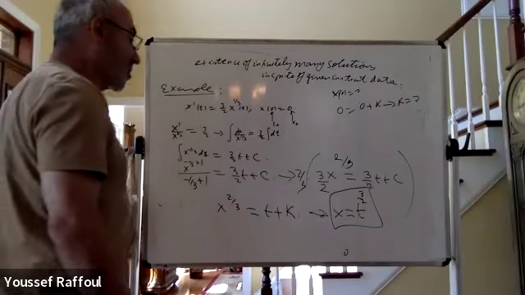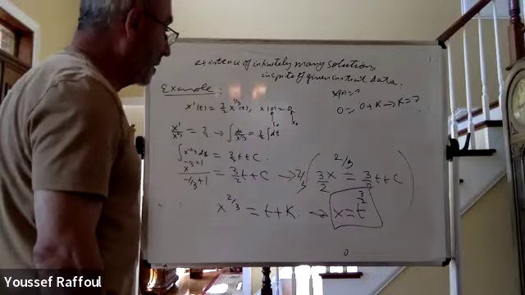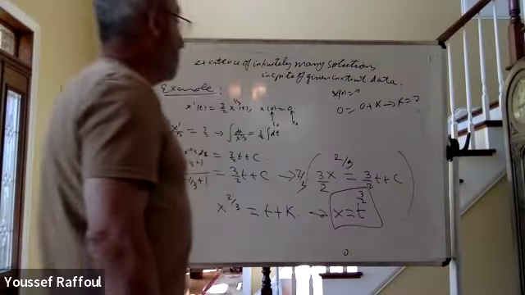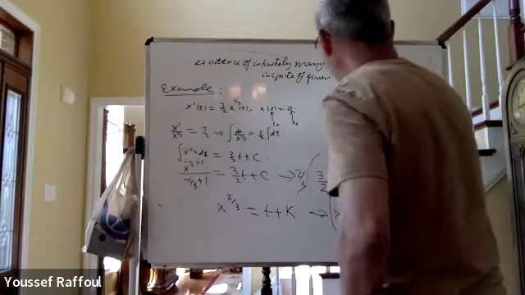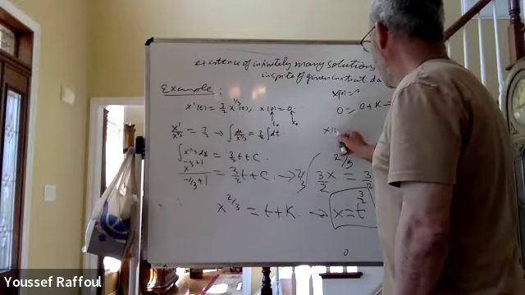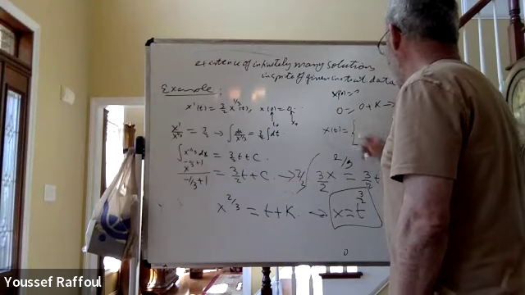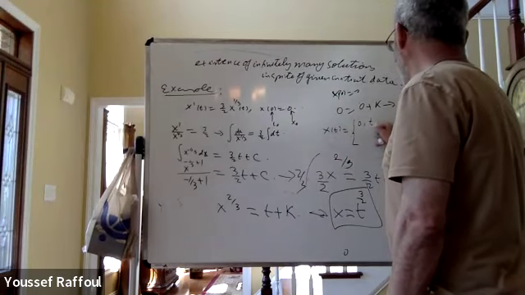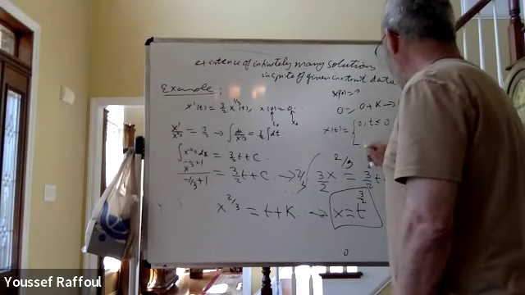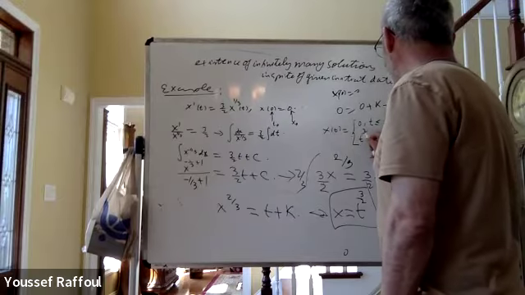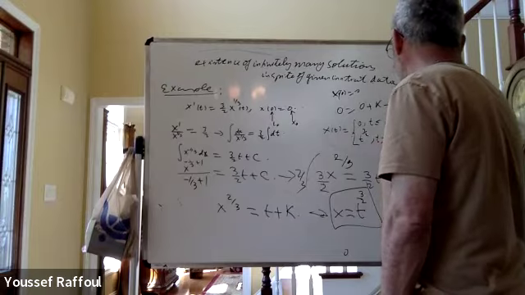So if you look at the solution, x of t is one solution: 0 for t less or equal to 0, and t to the power 3.5 for t bigger than 0.